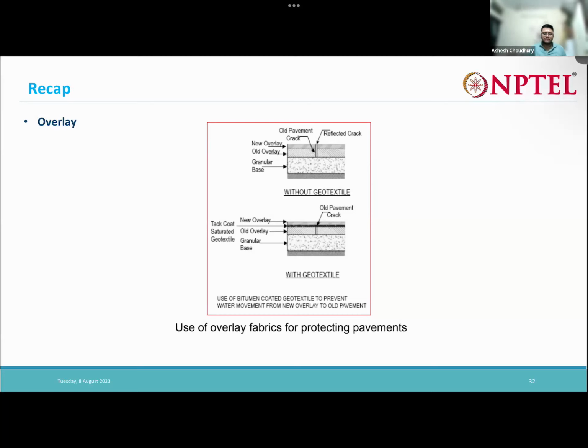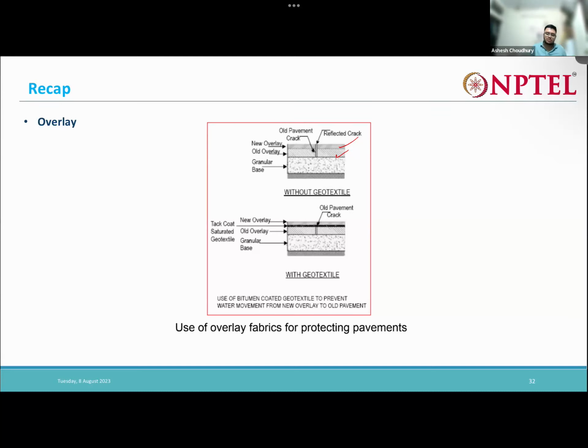Overlay means bitumen. Between the old overlay and the new overlay, if there is no separation between these two layers, the old crack below the old overlay will get propagated to the new overlay that you are constructing. So that is the problem.